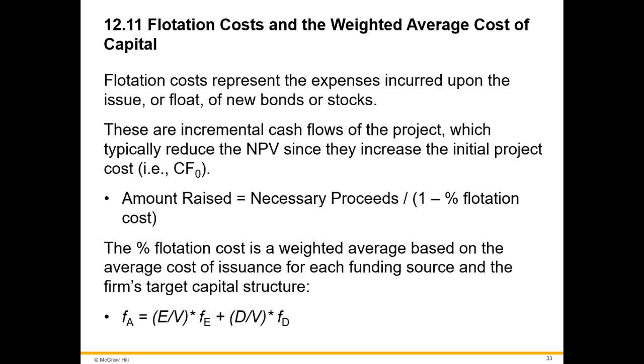We take the 500,000 times 6%. Okay, $30,000.